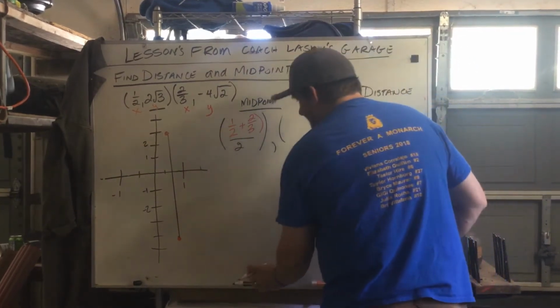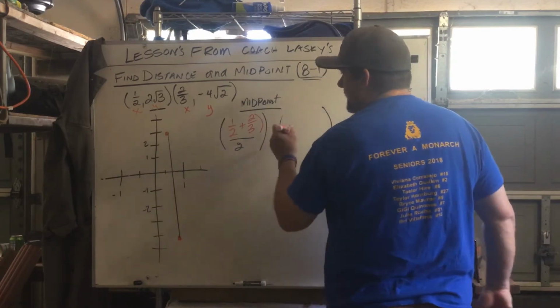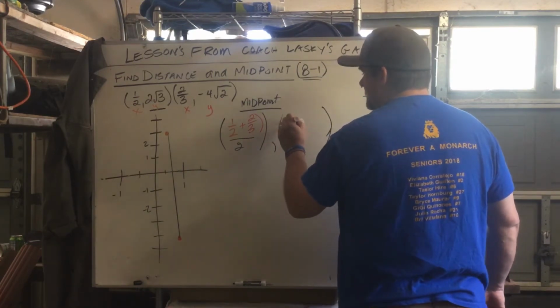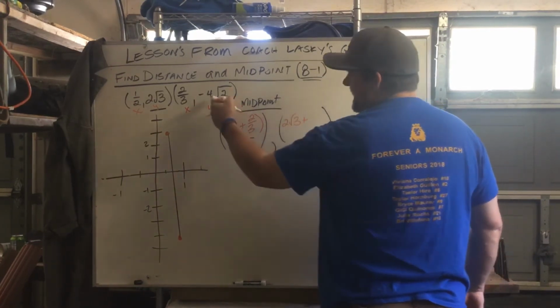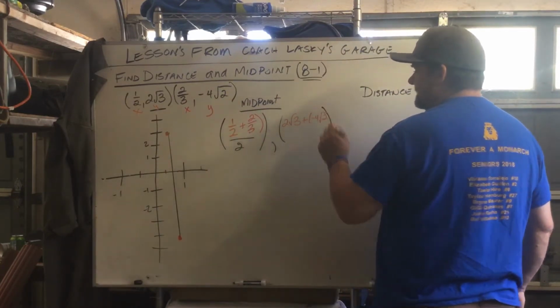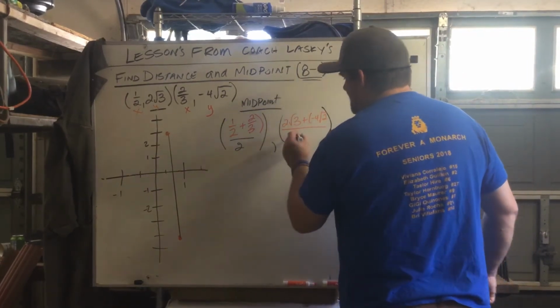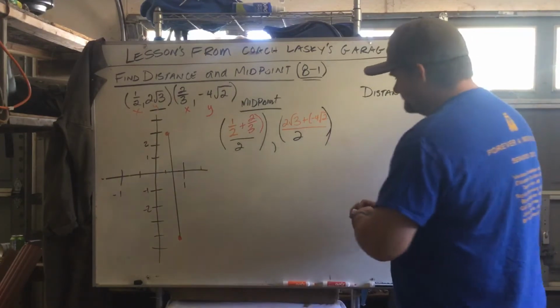We're going to have the first y value is 2√3, and we're going to add that to -4√2. And we're going to divide all of that by 2. So the setup's pretty straightforward.